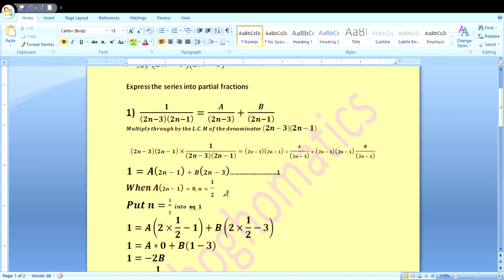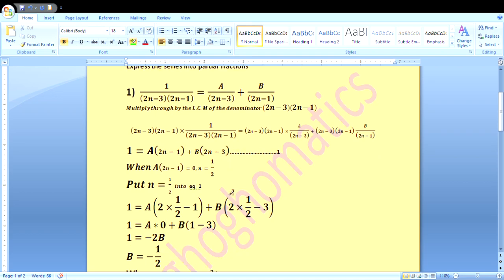So then we have to put n equals half into equation 1 here. If that is done, it becomes 1 is equal to A into (2 times half minus 1) plus B into (2 times half minus 3).